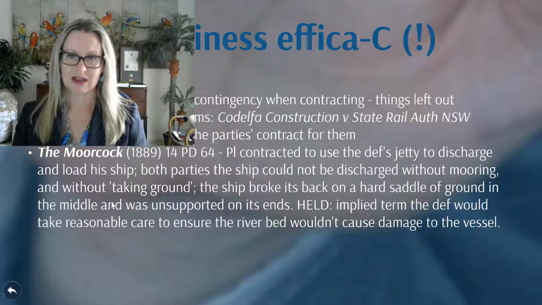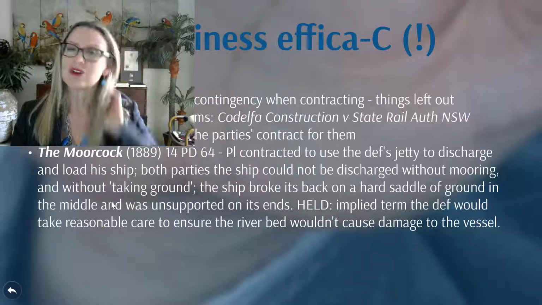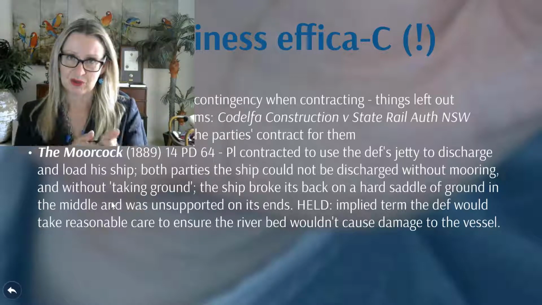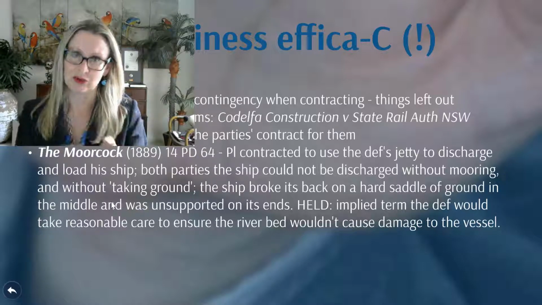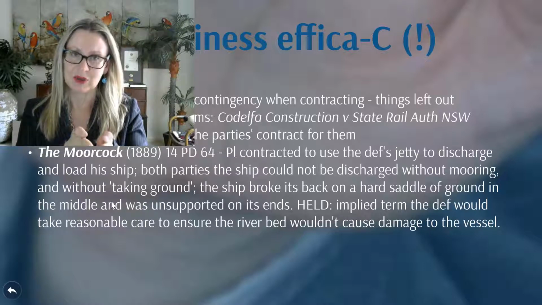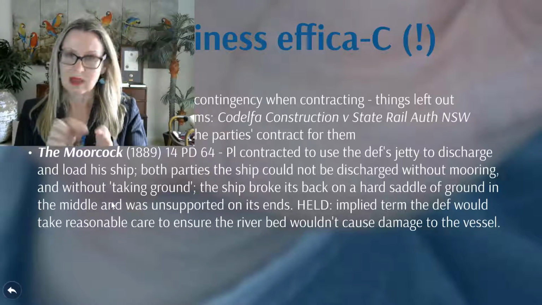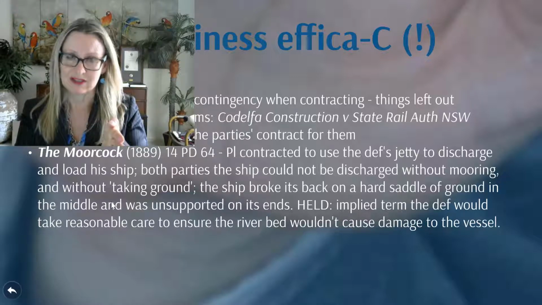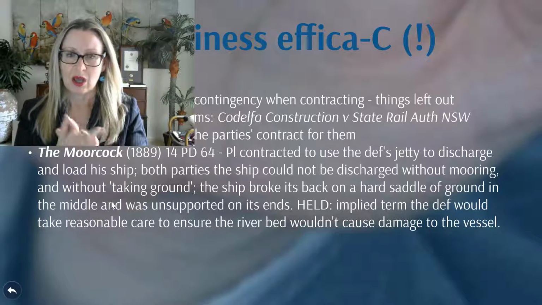And in that case, we had a plaintiff contracting with a defendant to bring their ship up next to its jetty to discharge and load the ship. Both parties knew that in order for that to happen effectively, the ship had to be moored, and in the process, the ship would ground, that is, settle on the riverbed.